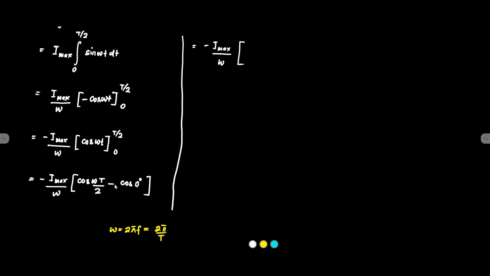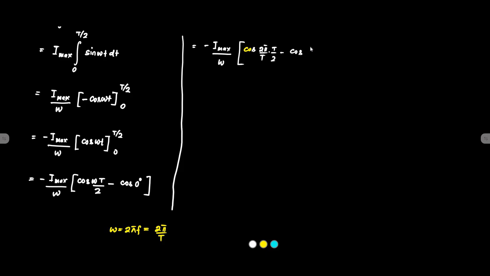So we'll write it as cos of omega, which is 2 pi by T, multiplied with T by 2, minus cos 0.